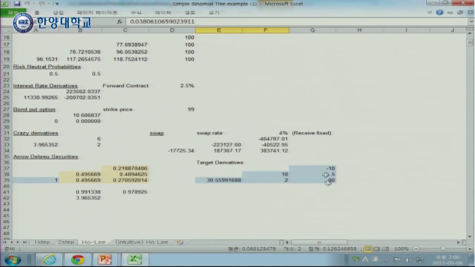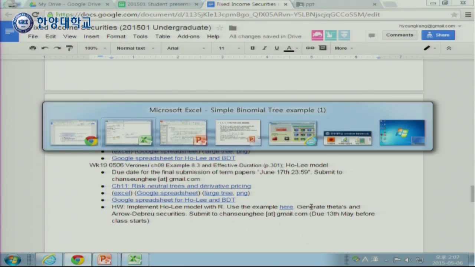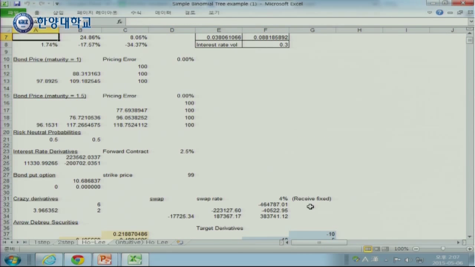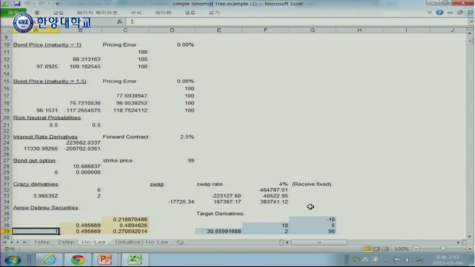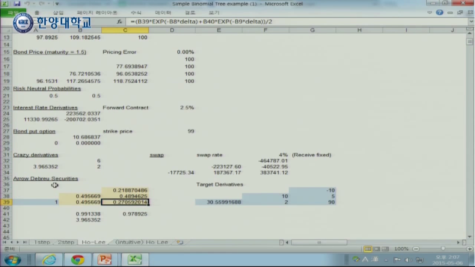Let me write down. Just a moment. Yes. The difference between the Arrow-Debreu securities and the number one is direction. Once you have this interest rate model, you can calculate these Arrow-Debreu securities.